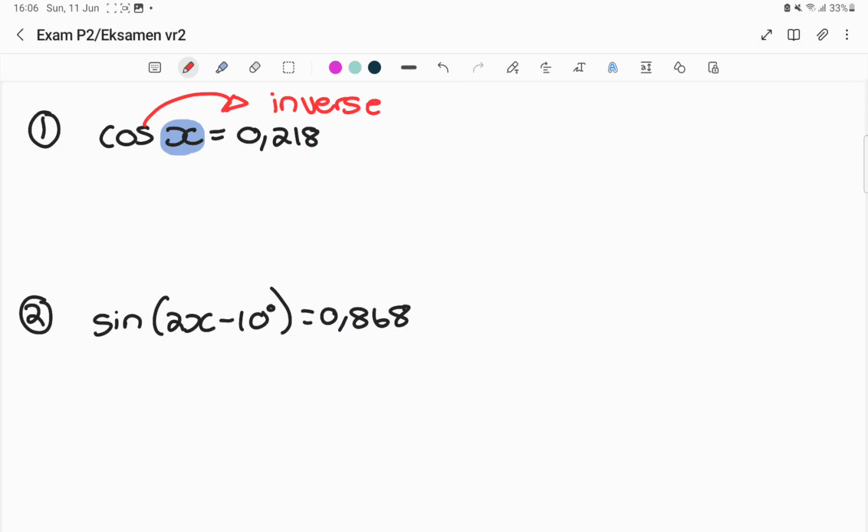Now the inverse of cos will be cos to the power of -1. Alright, so not cos the entire thing to the power of -1. We just talk about cos the inverse, so we put a -1 there to indicate we are busy with the inverse. Now to get this on your calculator, you're going to press your shift button first.